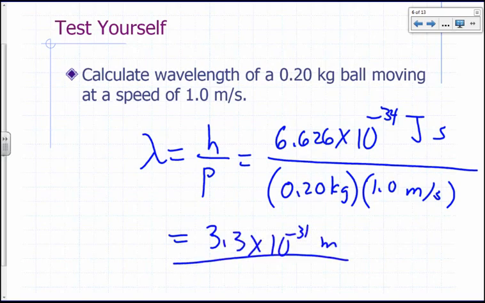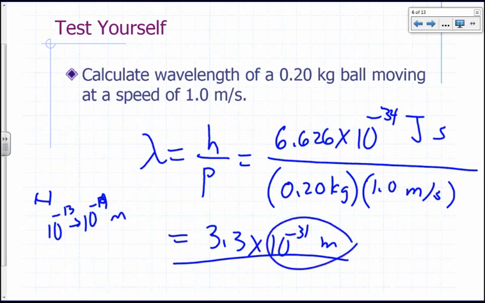Okay. How small is that? Compare that to a nucleus. What's the width of the nucleus of an atom? About 10 to the negative 13 at the most, maybe, and then as small as 10 to the negative 14 meters. That is smaller by a factor of how much? 31 minus 13, 10 to the 18. 10 to the 9 is a billion, 10 to the 12 is a trillion, 10 to the 15 is a quadrillion, 10 to the 18 is a quintillion.